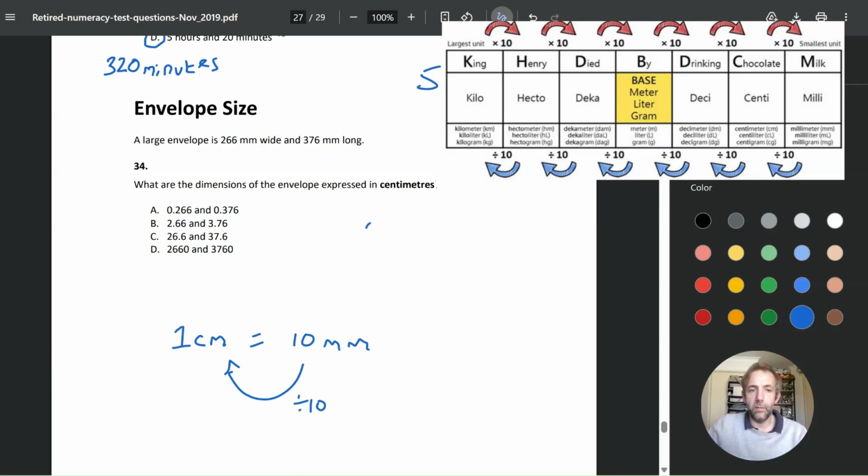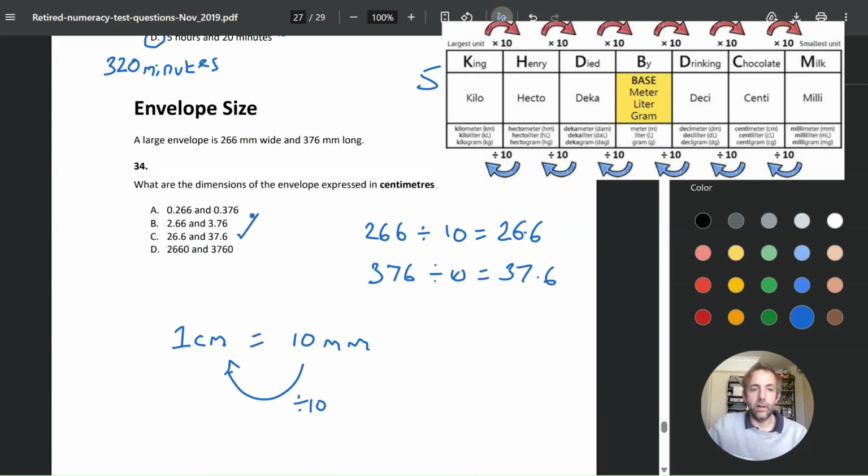So I need to take both my dimensions and divide them by 10. 266 divided by 10 will tell me how many centimeters the envelope is in width, which is 26.6. And 376 divided by 10 will tell us how long it is in centimeters, which is 37.6.